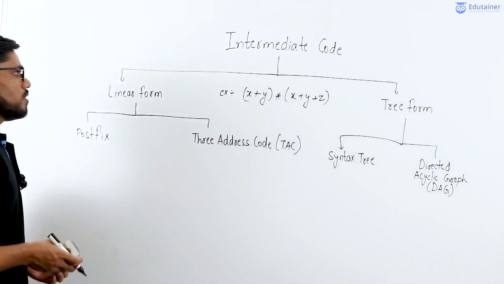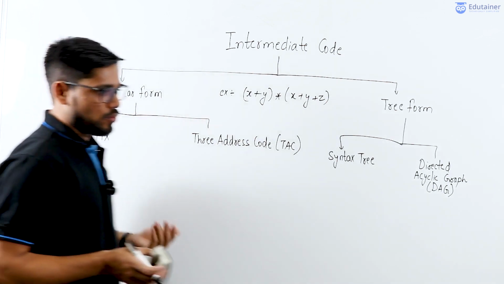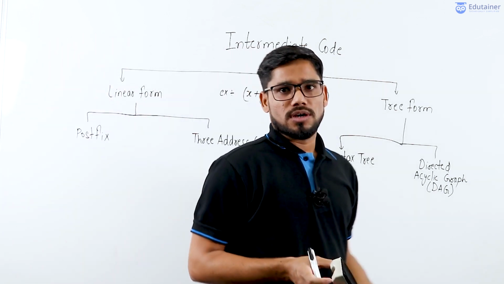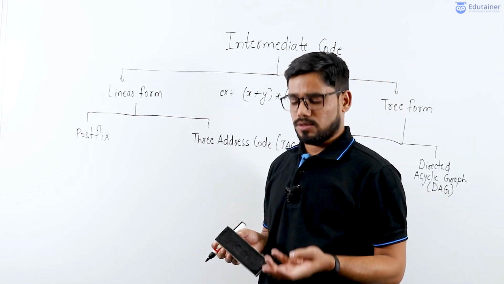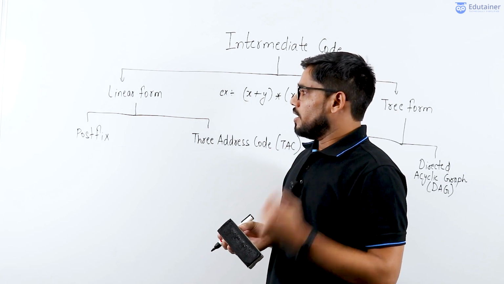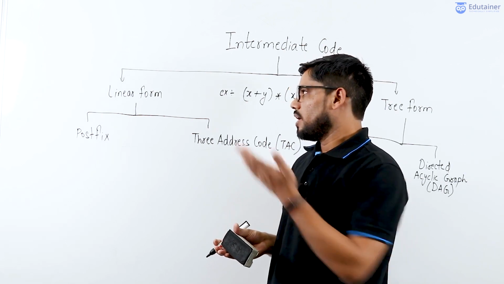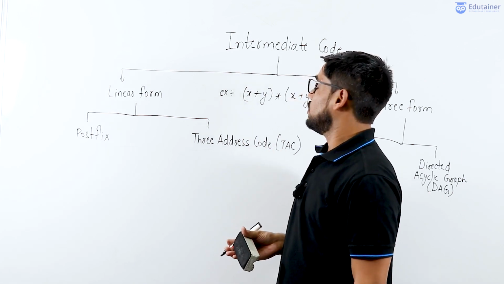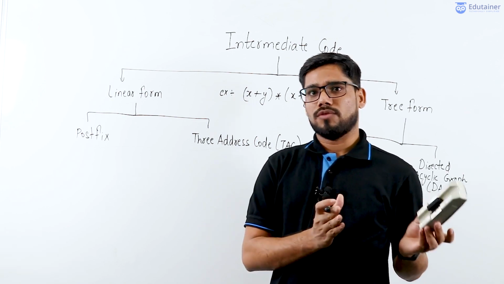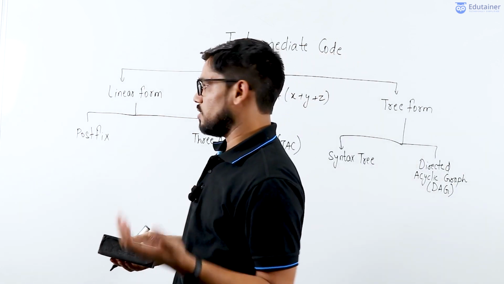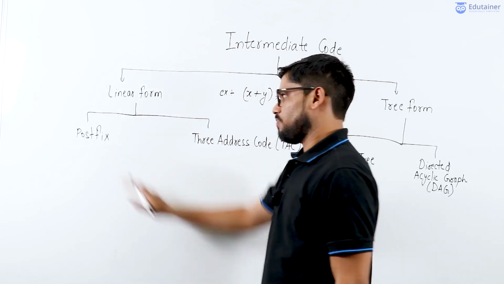If we have to convert this particular line of code into postfix notation, you know that in data structures you have already learned postfix, prefix and infix expressions. In intermediate code generation, postfix is the same. Here we learn only postfix notation.